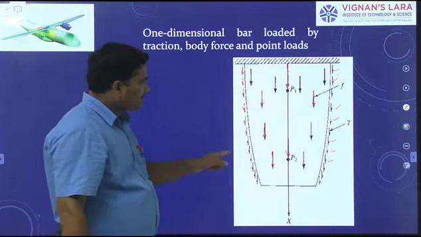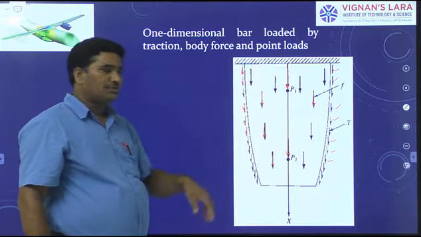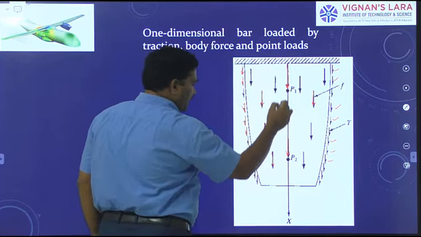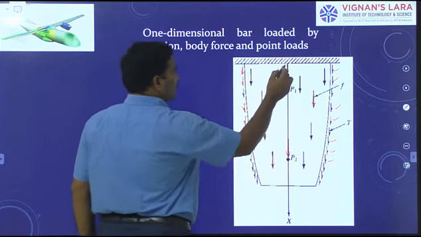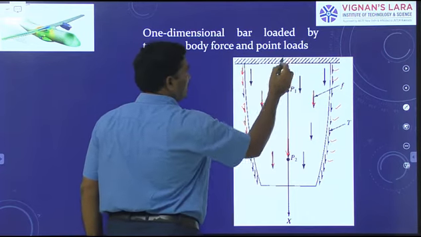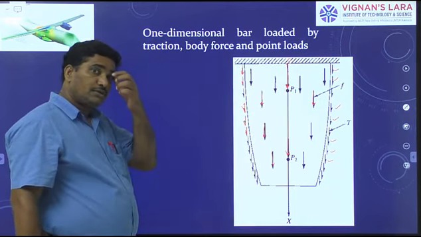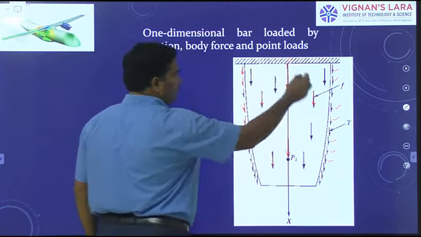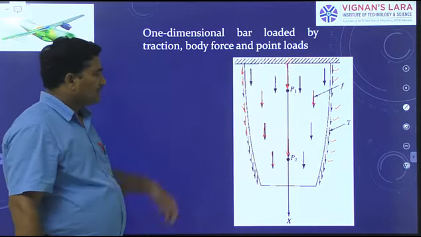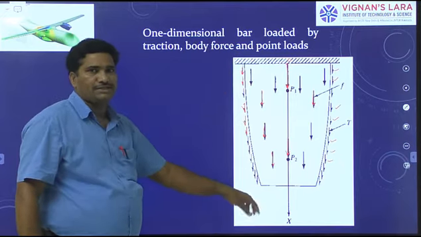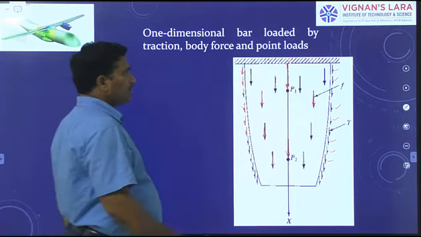Therefore, to consider these forces positive, we have taken here a positive coordinate axis with origin at the fixed end. Hence, we take all these forces positive because they are acting in the direction of x-axis.